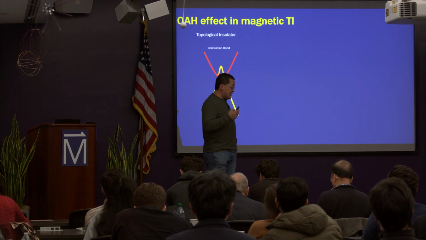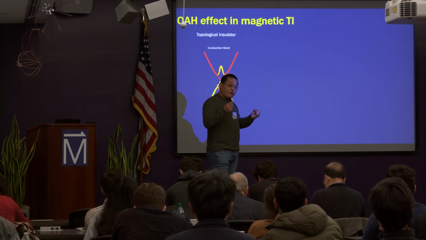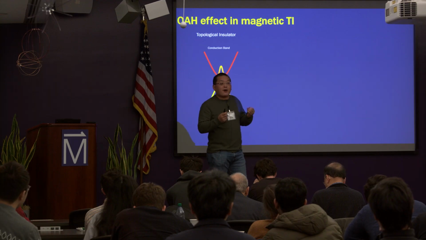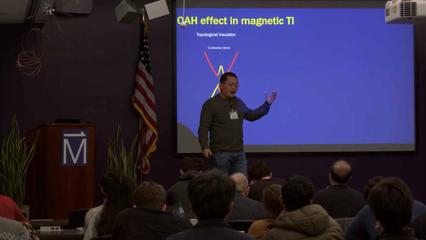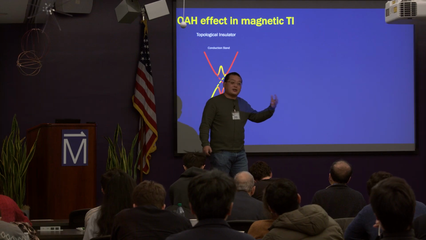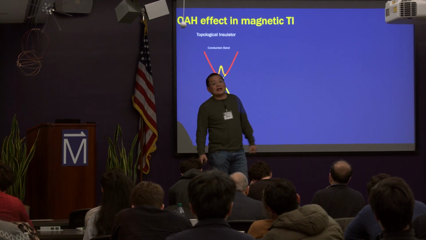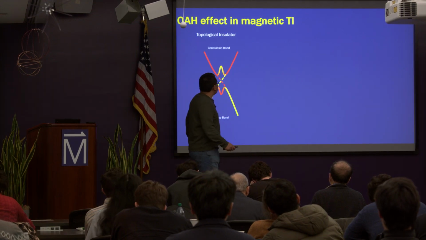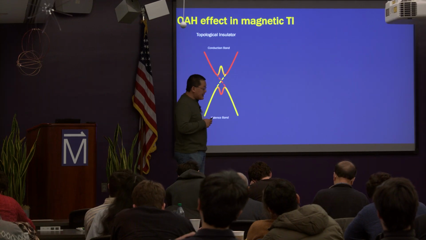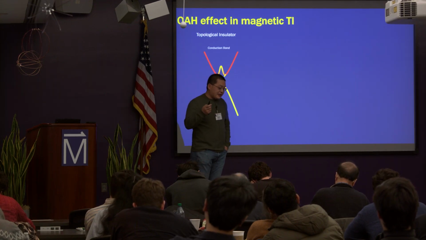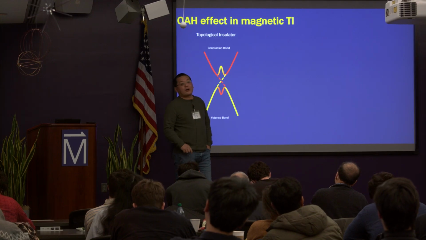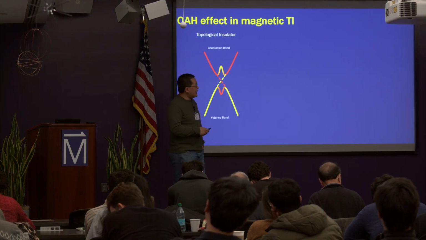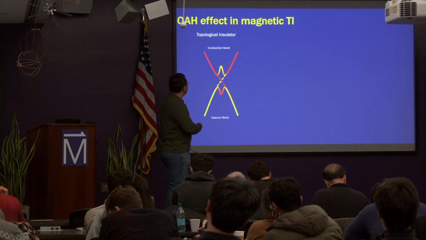So if we could introduce ferromagnetic order into a topological insulator, based on Haldane's theory or based on what I told you, we may realize the quantum anomalous Hall insulator. So here is the logic, the theory of why we use topological insulators for the realization of the quantum anomalous Hall insulator.